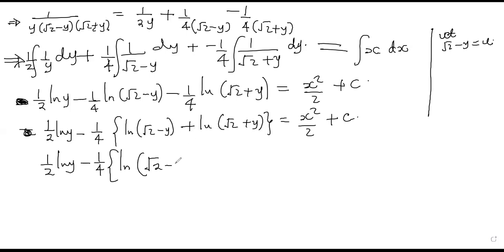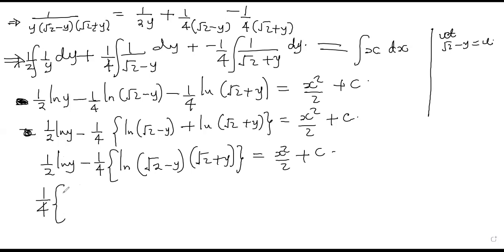So √2 minus y times √2 plus y is equal to x squared over 2 plus a constant of integration. I can factorize out a quarter, though here I'm having a 2, but still I can factorize out a quarter so that this ln y also finds this. So if you put a quarter here to create a 2, we shall have 2 ln y. Why have I done this? So that when you multiply, it goes back to a half.